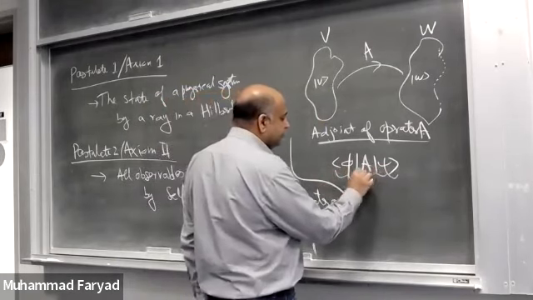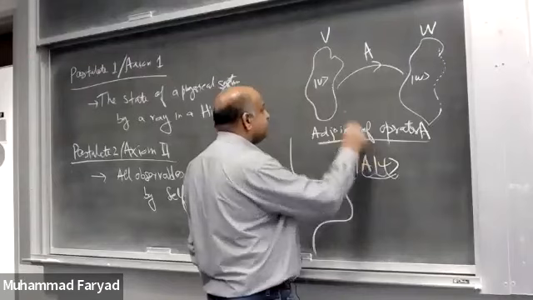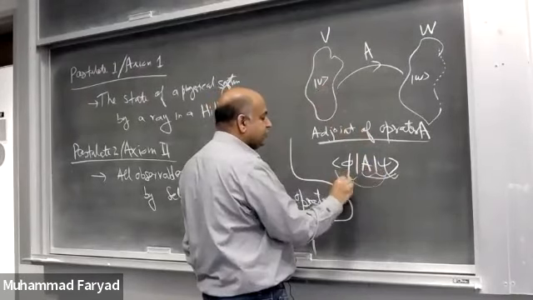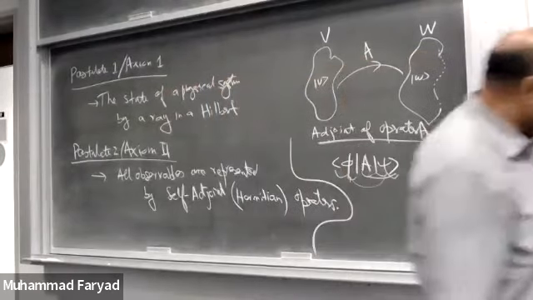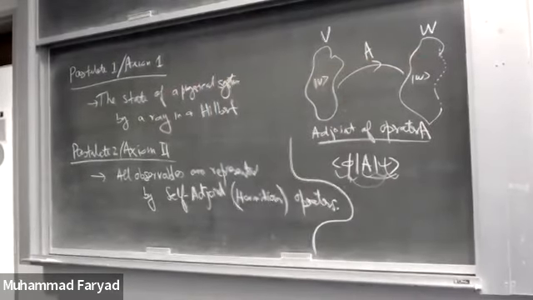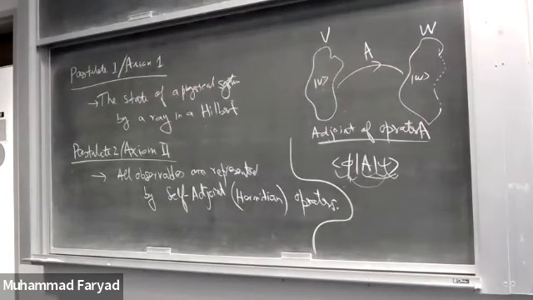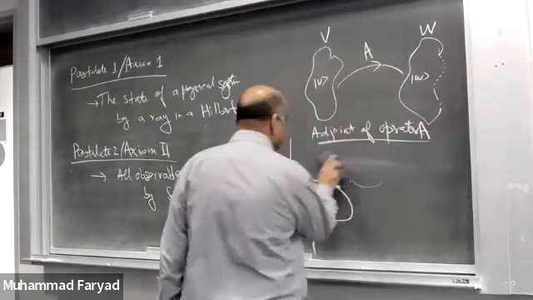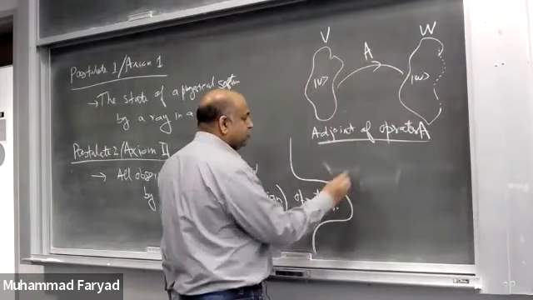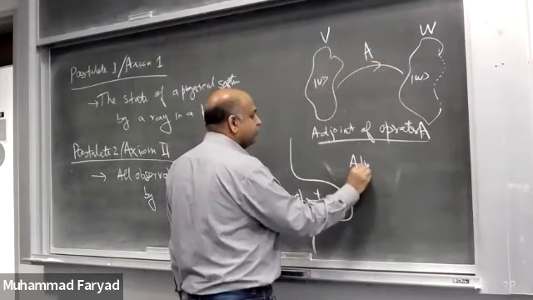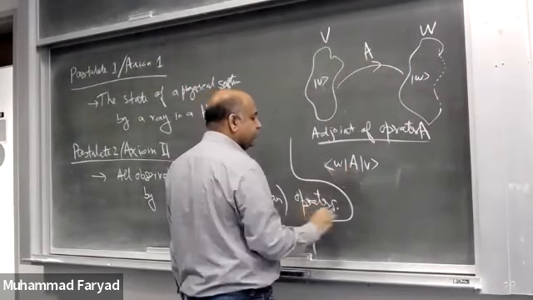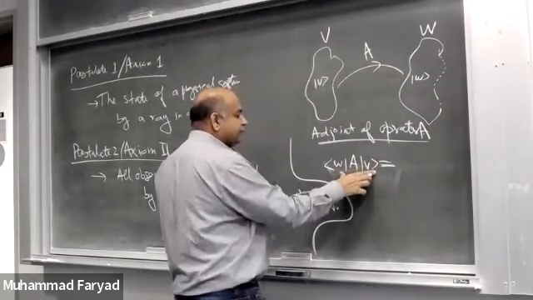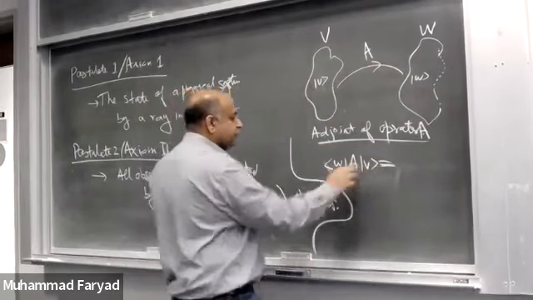Actually, let me use the convention that I have specified over there. So suppose the operator A applies to vector V, and then we take the inner product with some vector W, and we get some number, because it's an inner product.